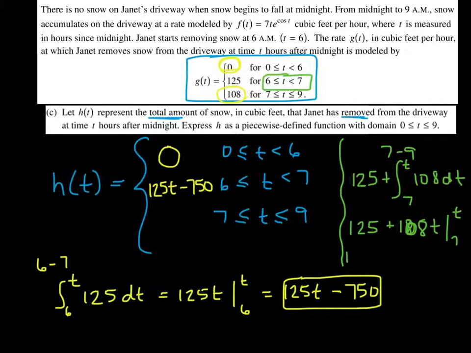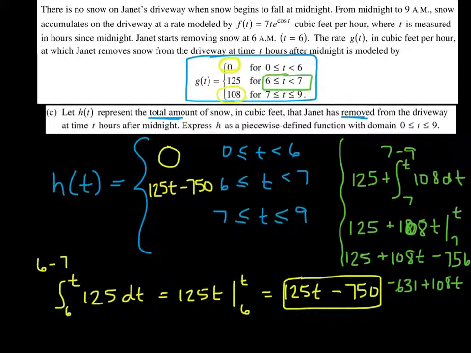So it'd be 125 plus 108t minus 108 times 7, which is 756. I'm going to combine those, 125 minus 756, and I get negative 631 plus 108t.